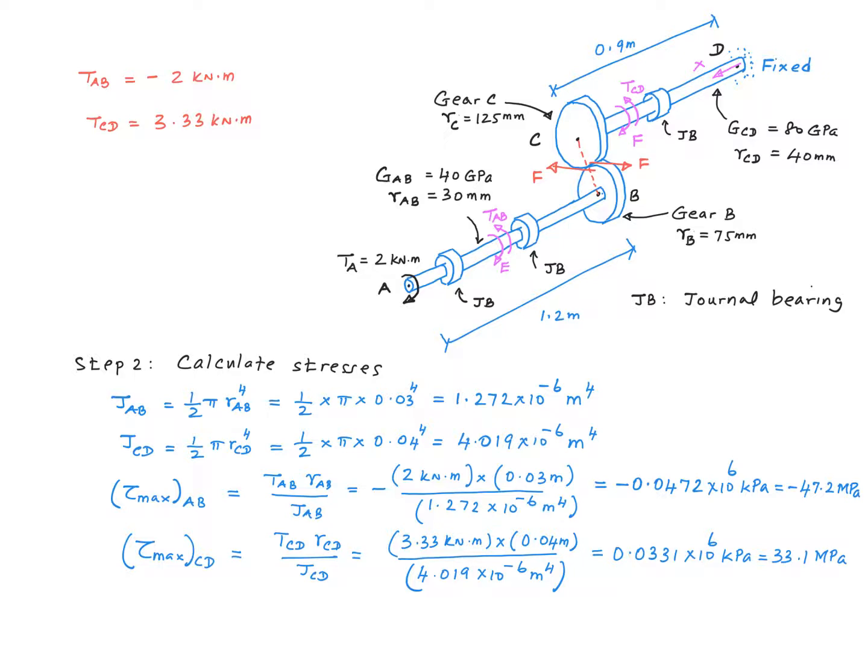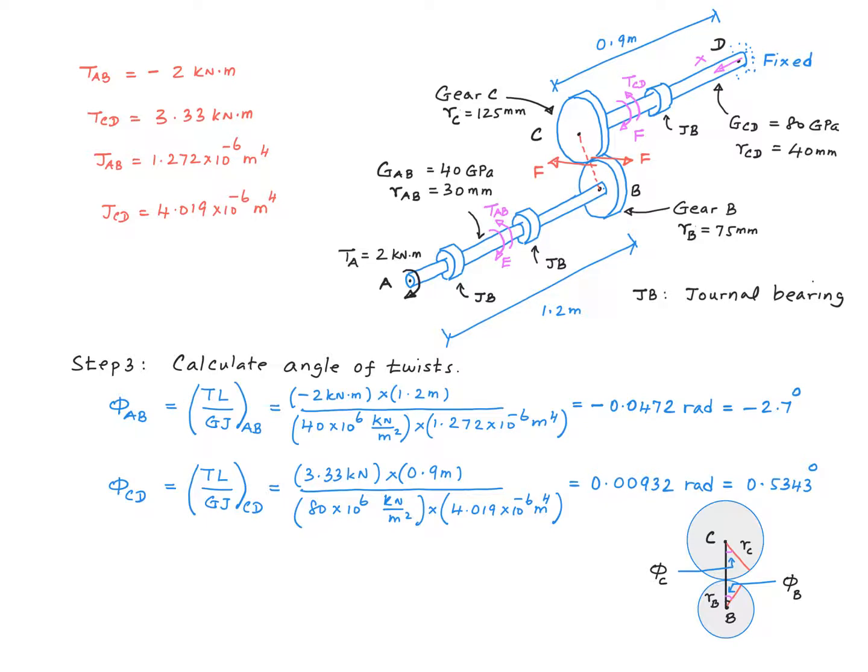The steps are fairly easy for you to follow, and I get a value of 47.2 megapascal with a negative sign in front of that for tau max in the shaft AB, and I get a value of 33.1 megapascal for tau max in the shaft CD.